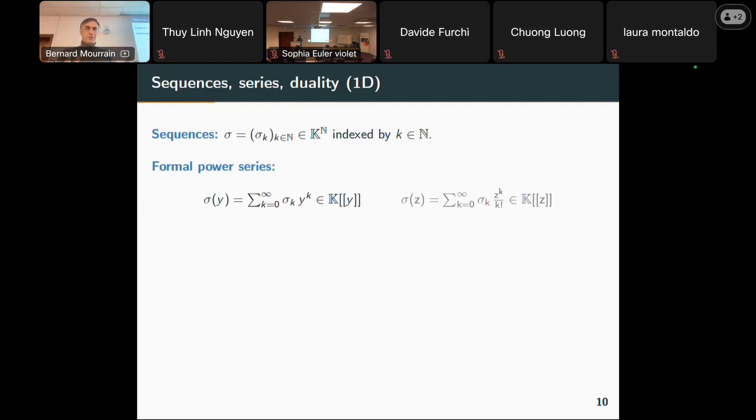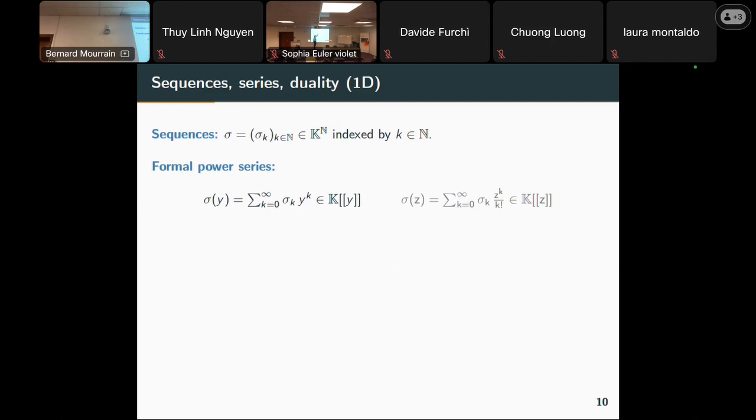So if we want to treat this as a unique object, sometimes we can look at it as a formal power series just by introducing a formal variable y and say we take the infinite sum of sigma k y^k. It's a formal power series.